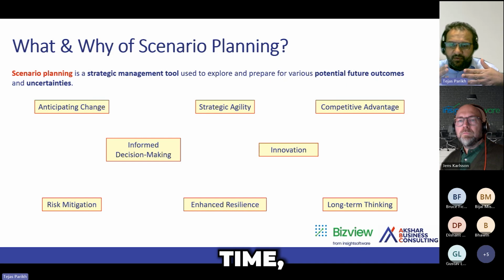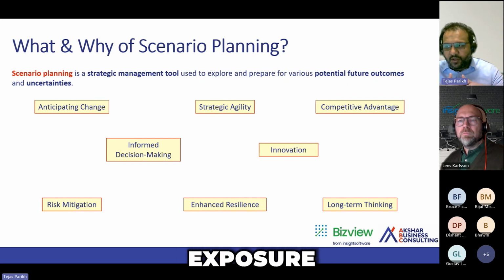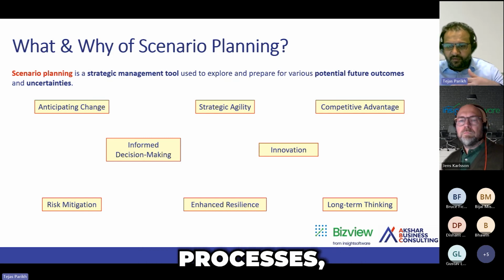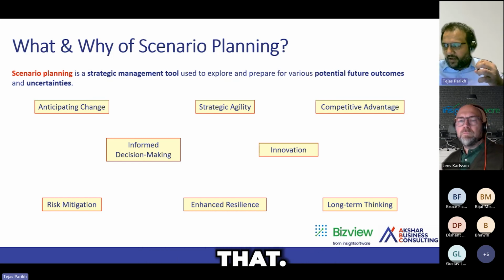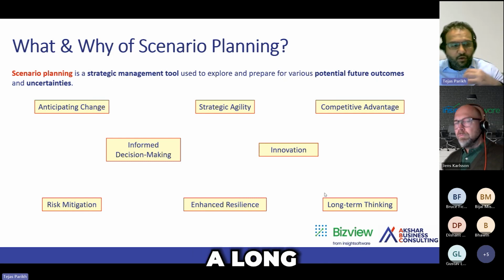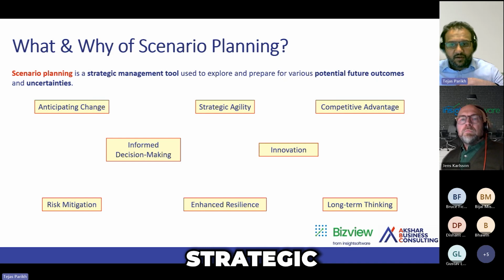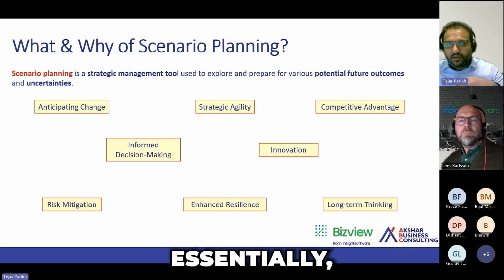At the same time, it is also risk mitigation. What is your exposure in supply chain? What is your exposure in manufacturing? What are your key people, key processes, key inputs, things like that. Therefore, it is long-term thinking as well as a medium-term strategic advantage if you do it correctly.